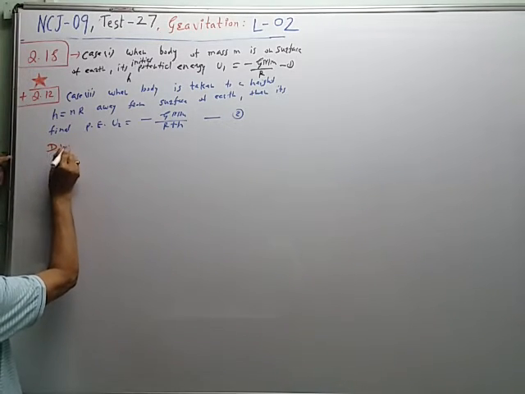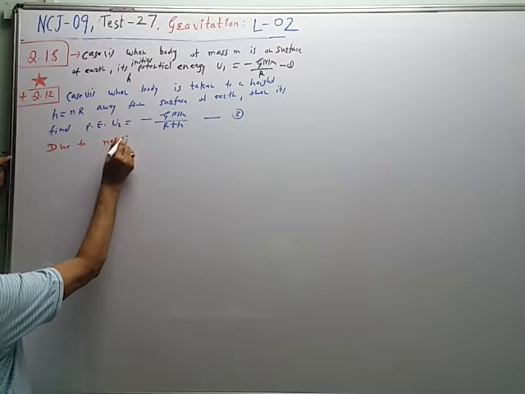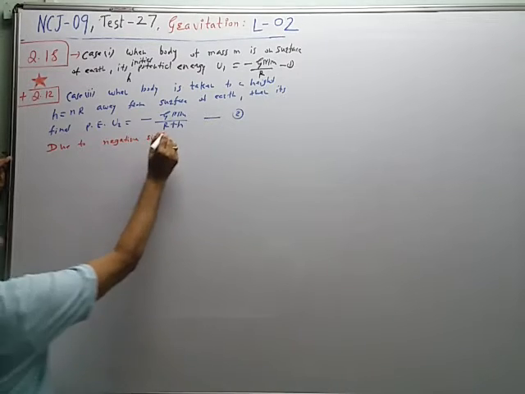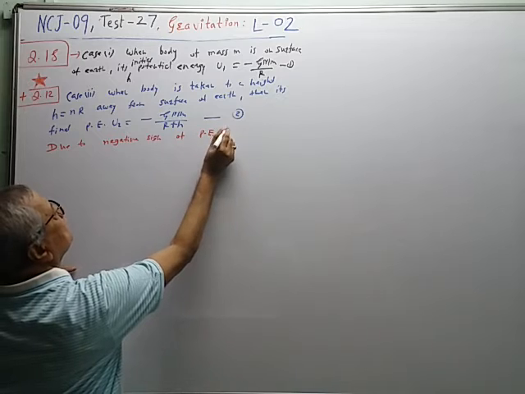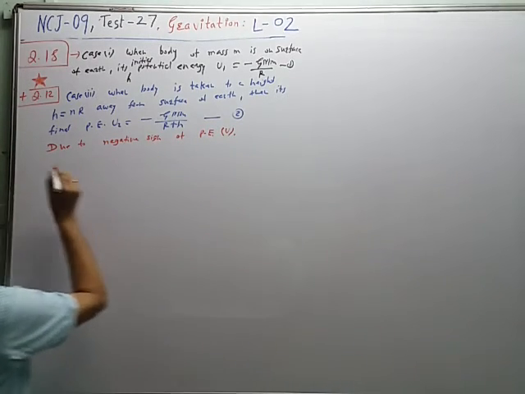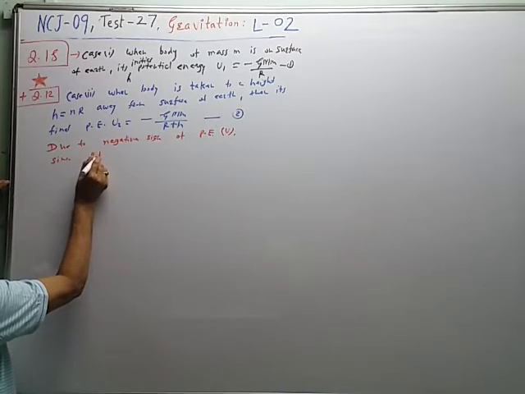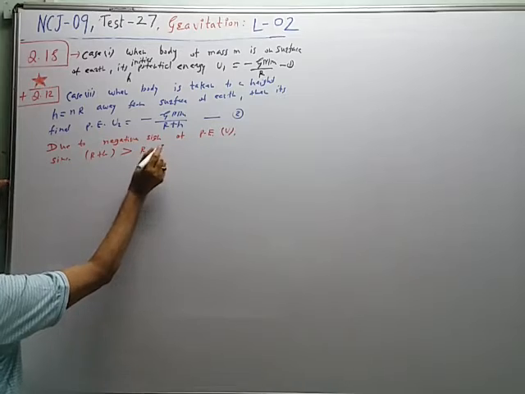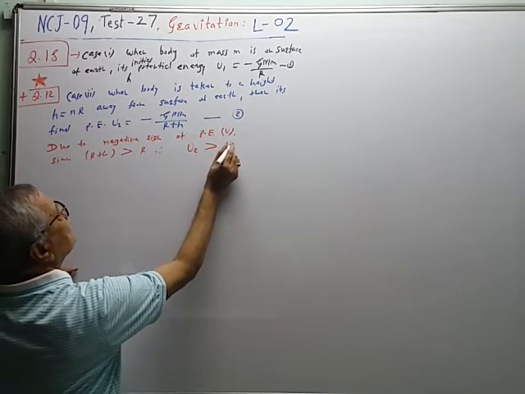Due to the negative sign of potential energy U, since R plus h is greater than R, therefore U2 is greater than U1.